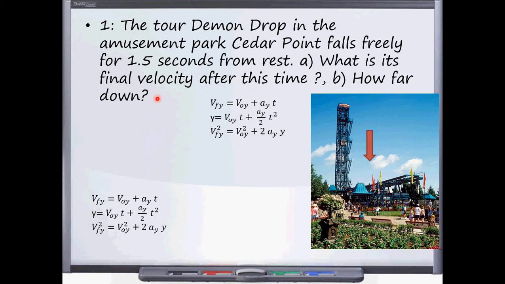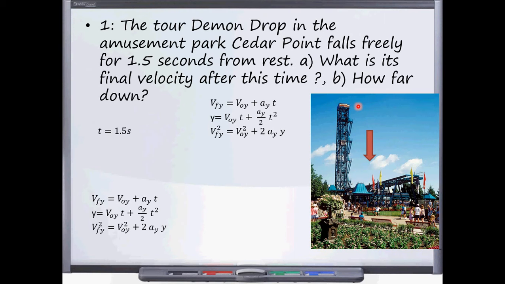So let's start writing down the values that the problem is telling us. The first value is that it falls freely for 1.5 seconds, so the time is 1.5 seconds. Now, it says that it's from rest. Do you remember that when we have something like from rest, it means that at the beginning of the fall you are not moving, you don't have velocity?